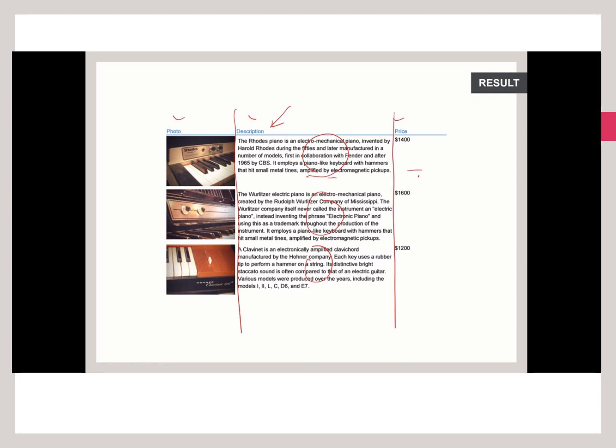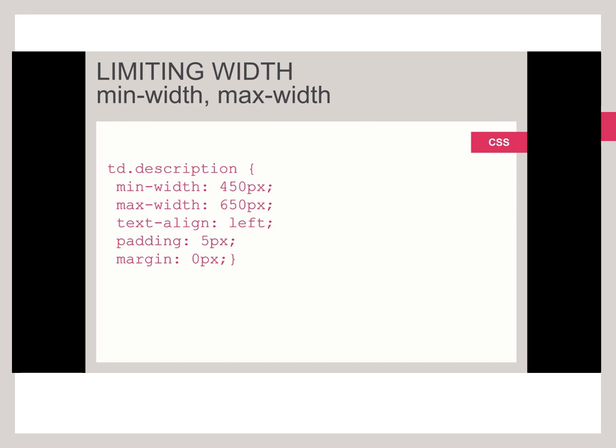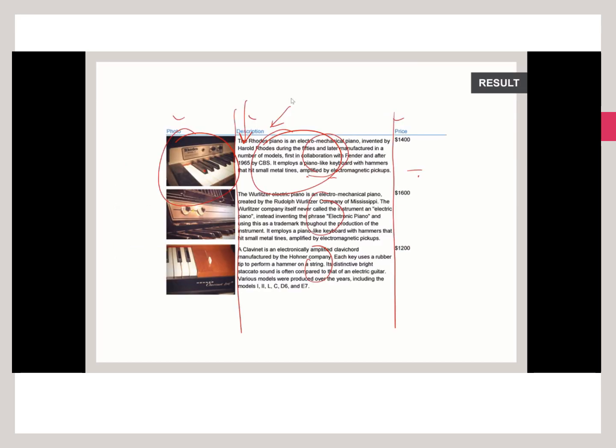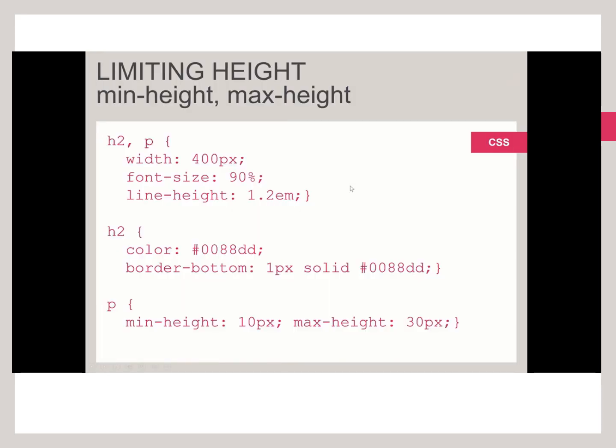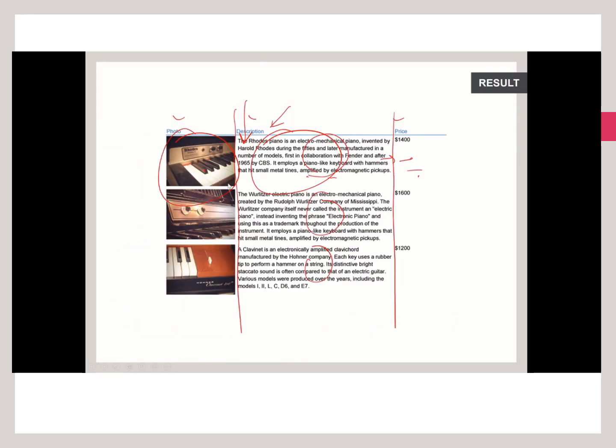Margin means between elements, for example this element and this element there's no gap. So that's why we set margin to 0 pixels, and that's why you can find the cells run one after the other.